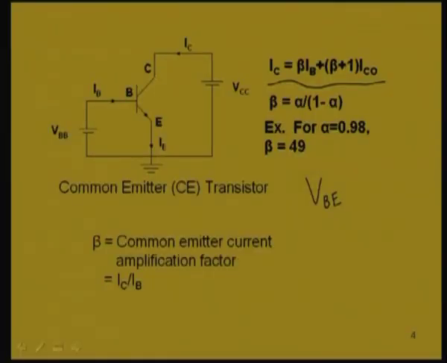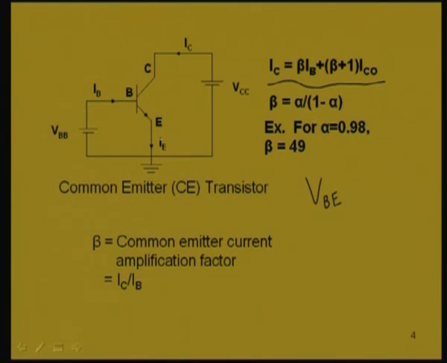If the collector to emitter voltage, this reverse biasing voltage, is increased, then, as we saw earlier in the common base input characteristic, there is an effect known as the early effect.